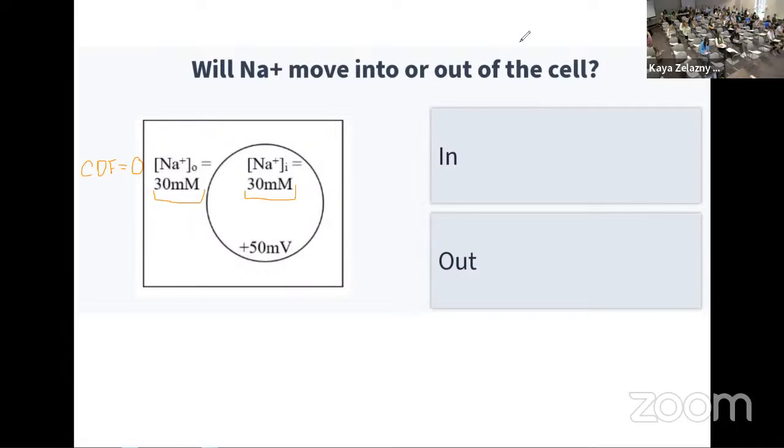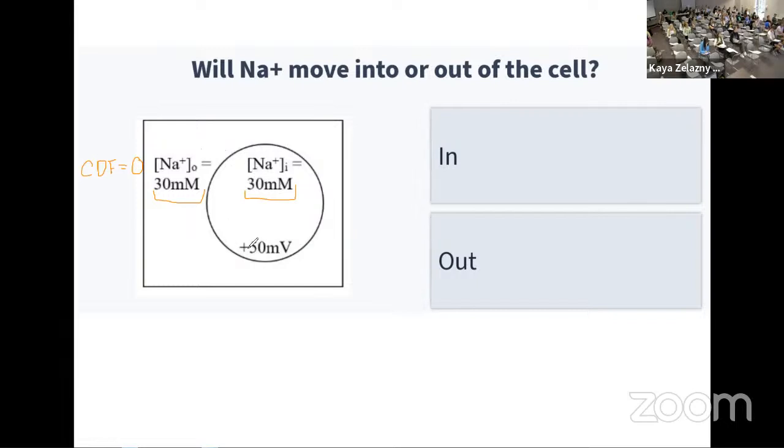Now about the electrical driving force. What do we have for our electrical driving force on sodium? Is it going into the cell or out of the cell? To do this, remember the two things we're looking at.